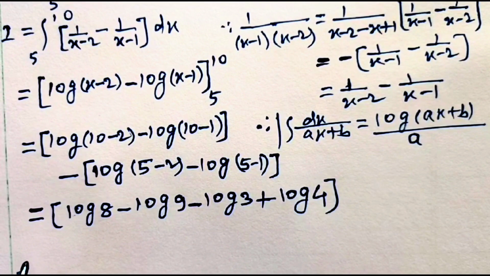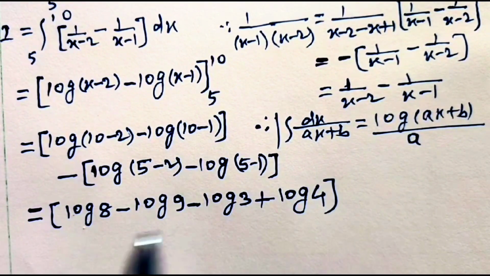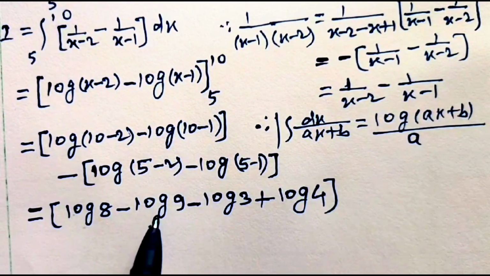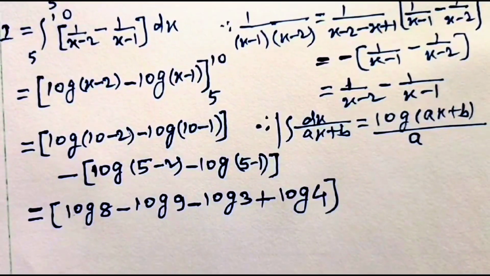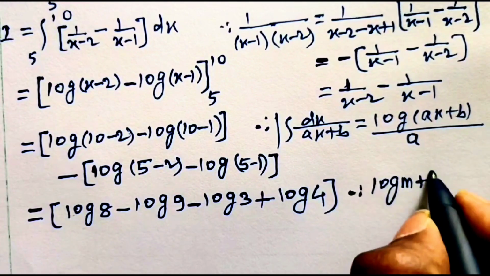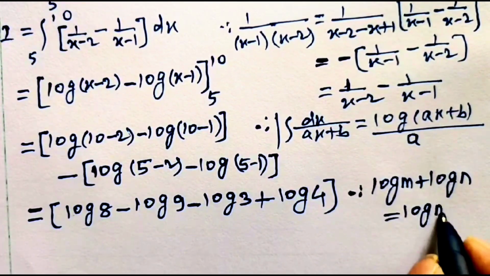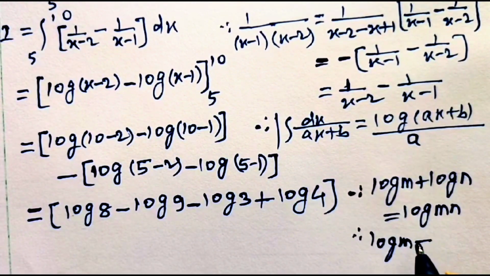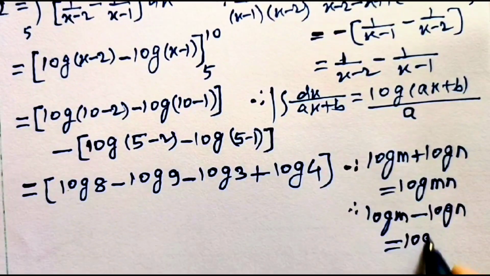Now this can be written as logarithm of 8 and logarithm of 4. These are positive quantities, and logarithm of 9 and logarithm of 3 have a negative sign, so they are negative quantities. Now logarithm of m plus logarithm of n is equal to logarithm of m into n, and logarithm of m minus logarithm of n is equal to logarithm of m upon n.